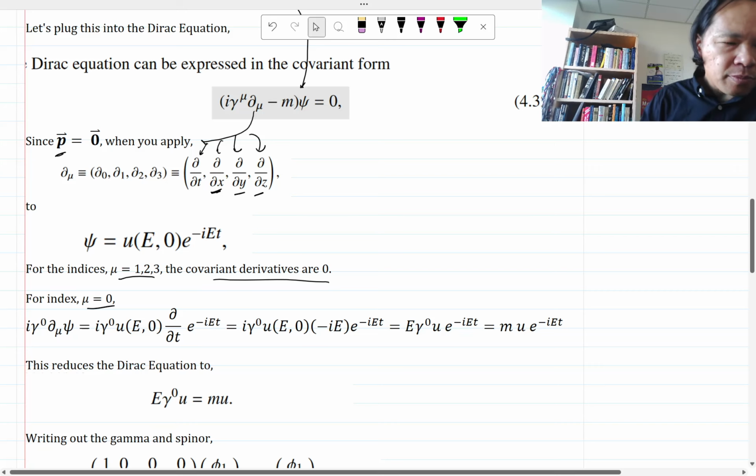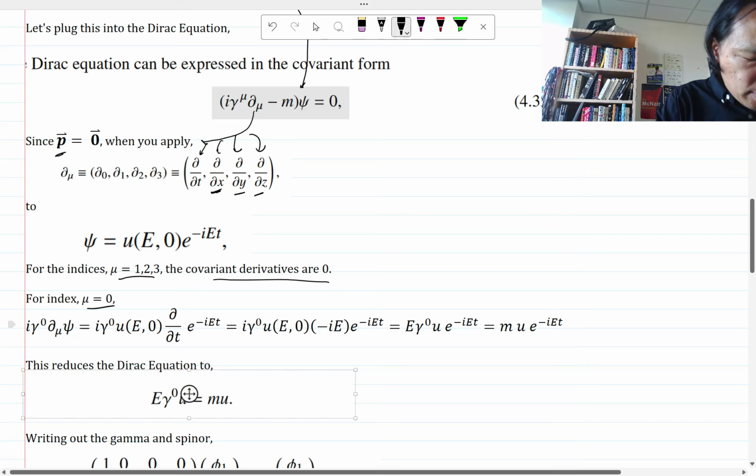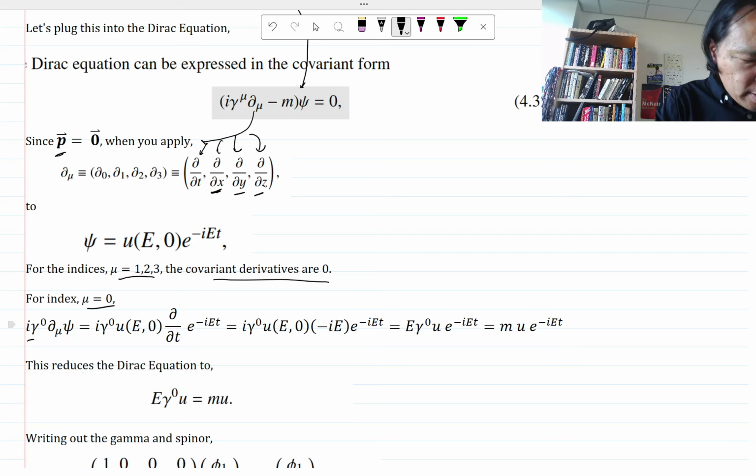When we plug that into the Dirac equation, we're going to see that on the left-hand side we have gamma 0, and in fact this is going to be mu 0, partial 0, which is partial by partial t. Let's just follow this little algebra track. The gamma 0 is out here, and then we're taking a time derivative of the wave function.